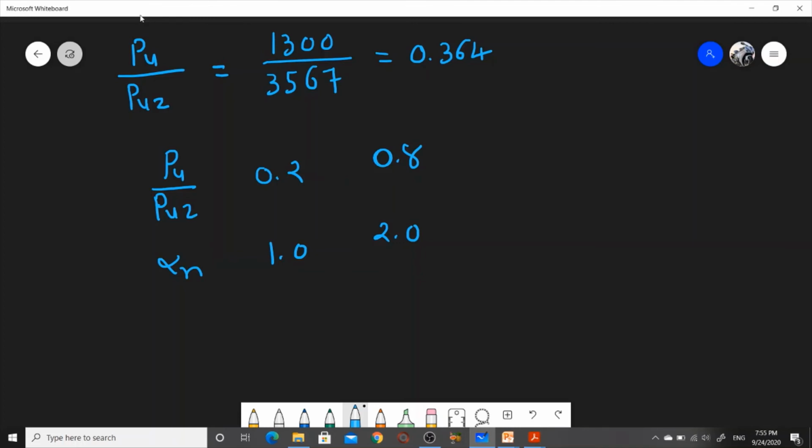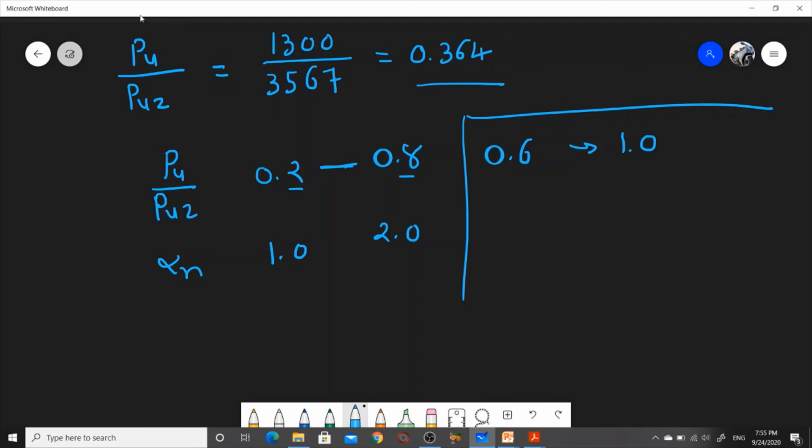We have a value 0.364 in between these two, so let's find out this value by a mathematical step. 0.2 and 0.8, its difference is 0.6. If PU by PUZ difference is 0.6, then alpha n difference is 1.0.